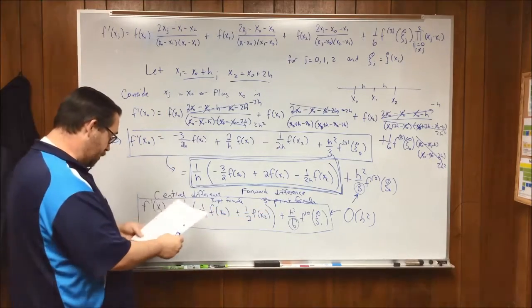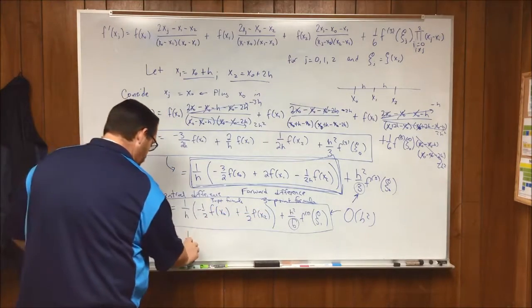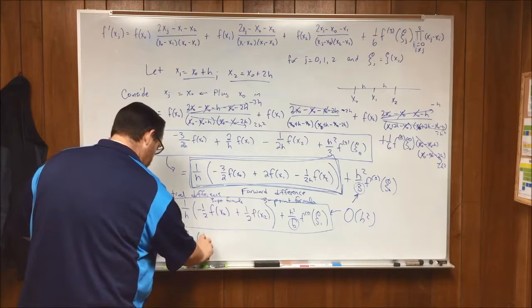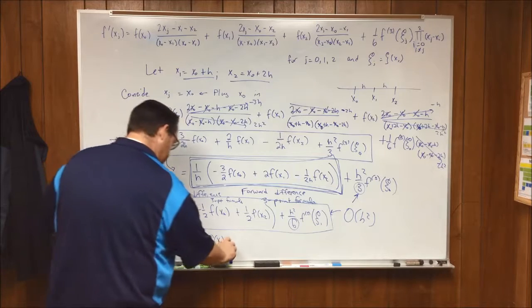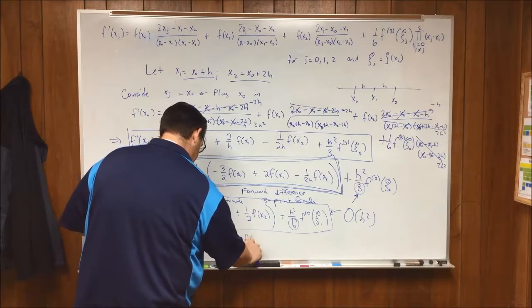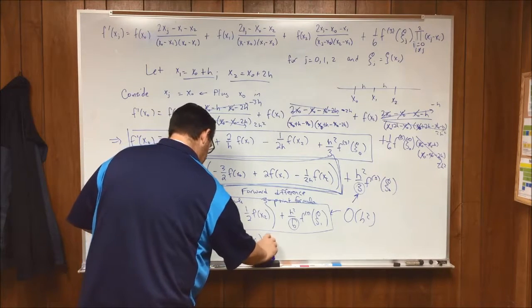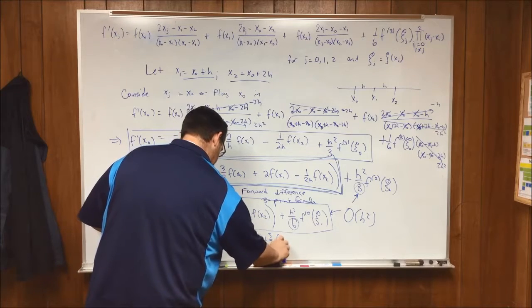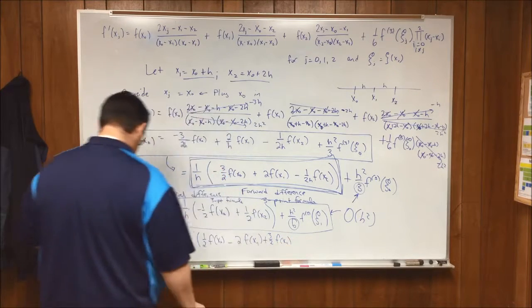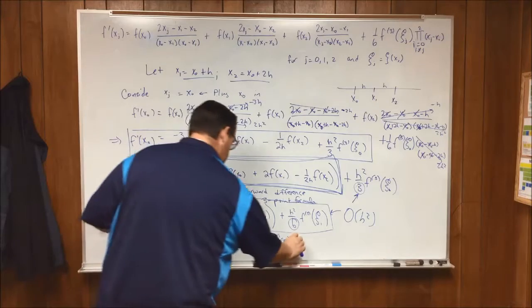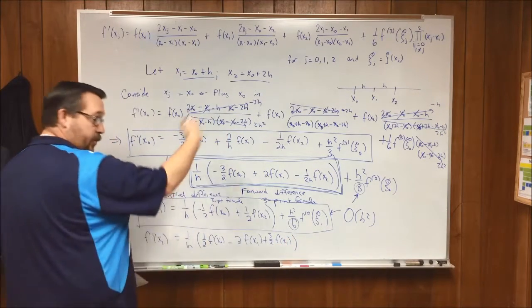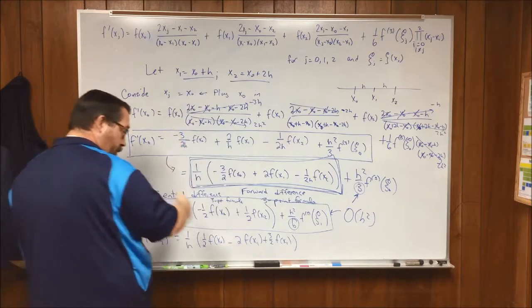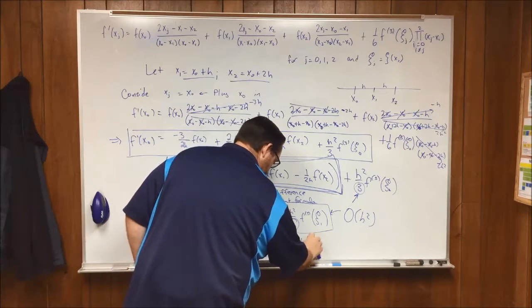Okay, so the last one is 1 over h times 1/2 f at x0 minus 2 f at x1 plus 3/2 f at x2. So if you want to know the derivative at the right hand point, you can do the 2 points before it and you get the same error term.